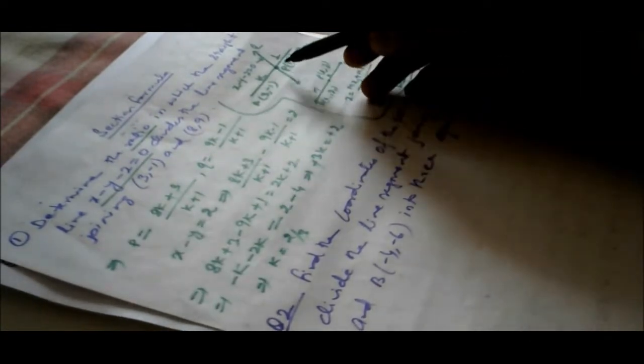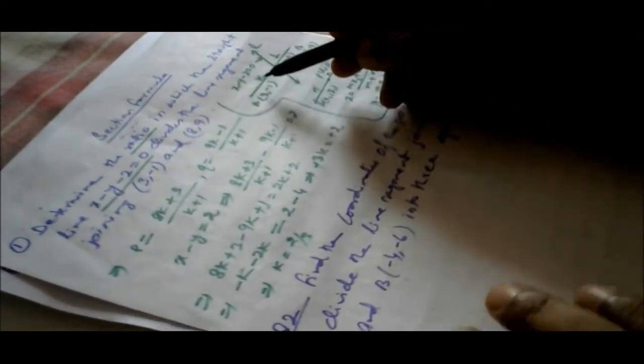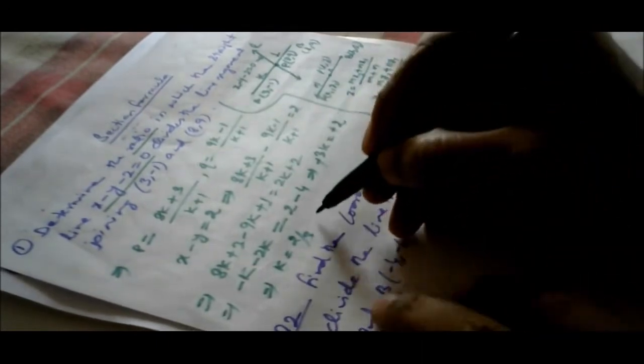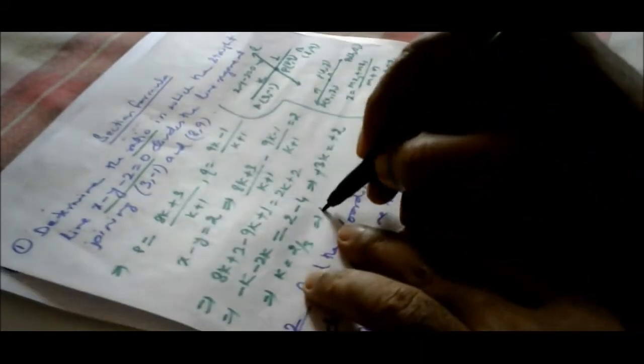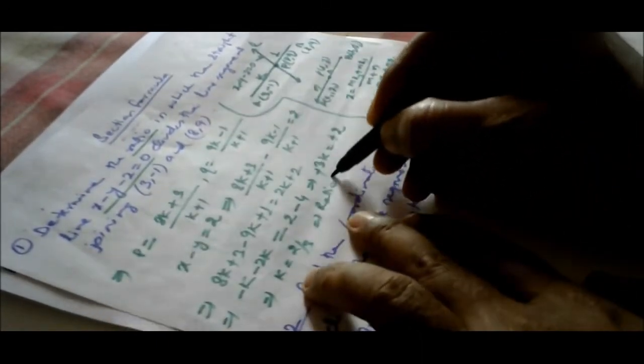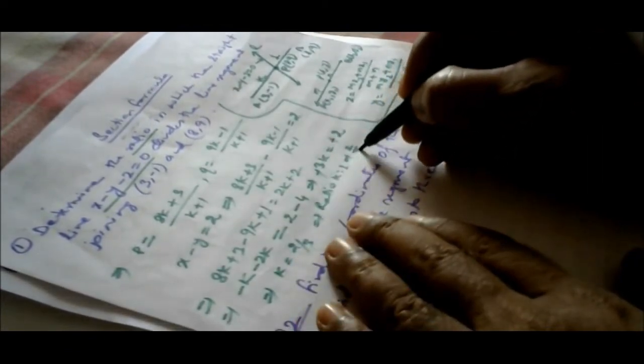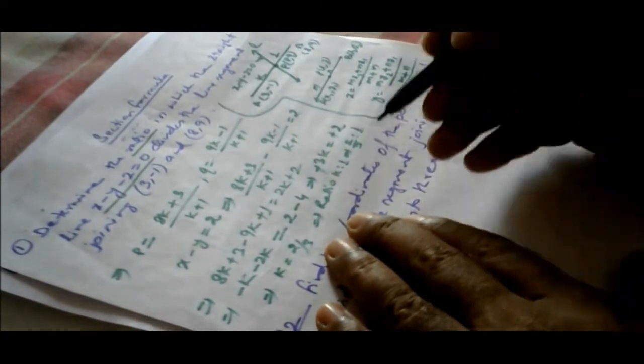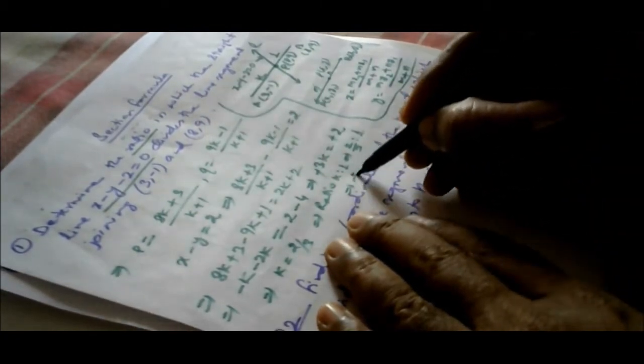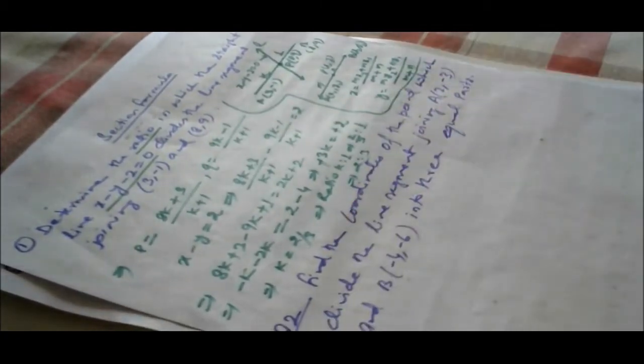Once k is equal to 2 by 3 has come, we told that suppose this point P is dividing this line segment AB in the ratio k is to 1. It means the ratio k is to 1 will become 2 by 3 is to 1, which can be written as 2 is to 3.